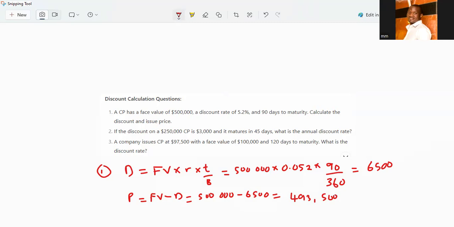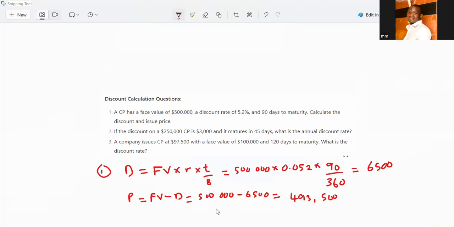Anyone behind so far? So we've calculated our discount and our issue price. For those who have just joined us, we are looking at computations on commercial paper.